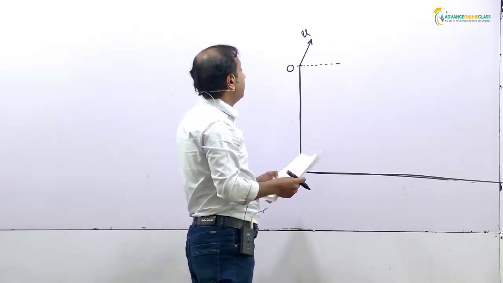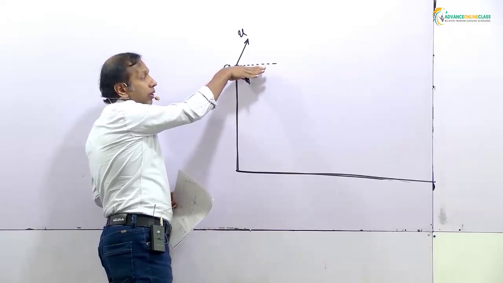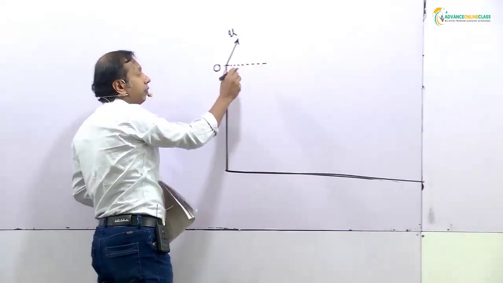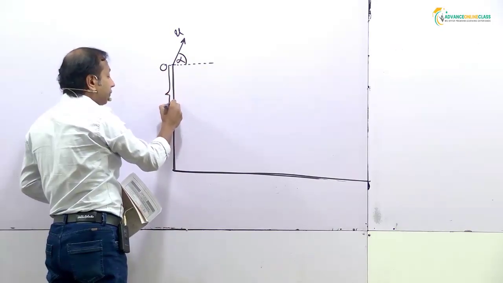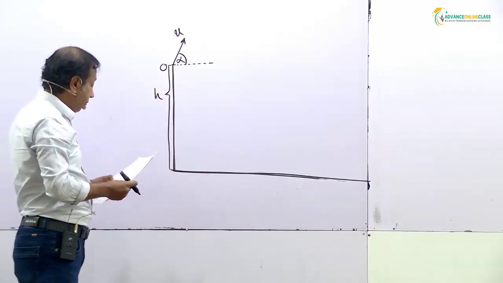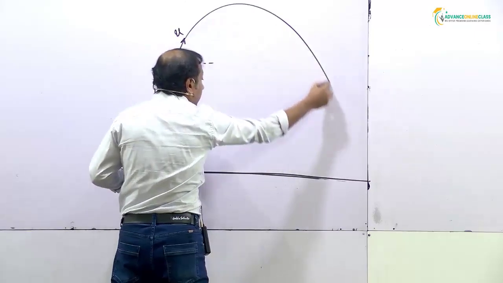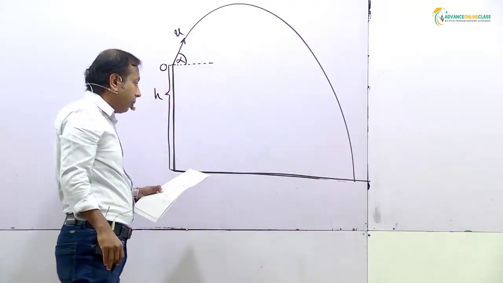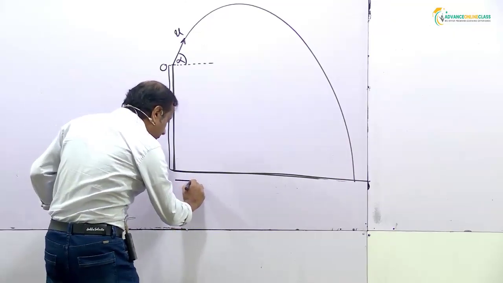Angle of elevation means the angle above the horizontal. That's the angle of elevation. This is h. This way the particle moves and comes to the ground here. The distance is given as 2h.